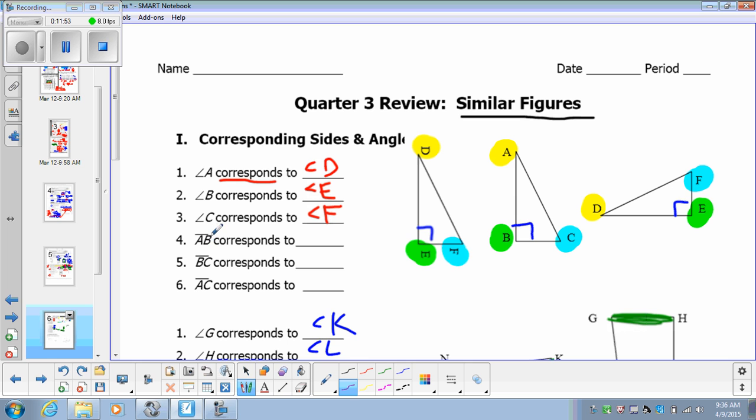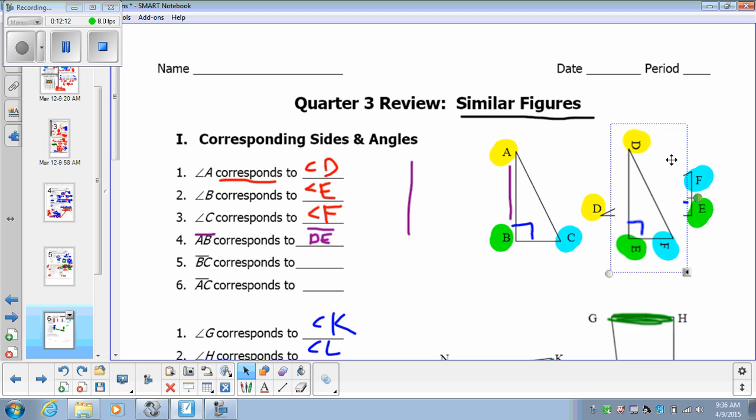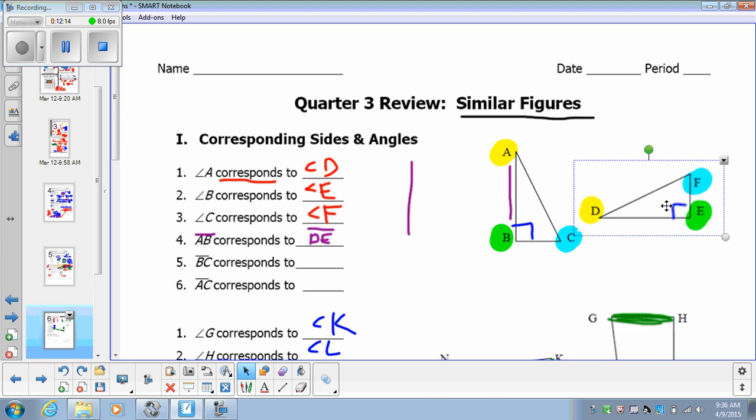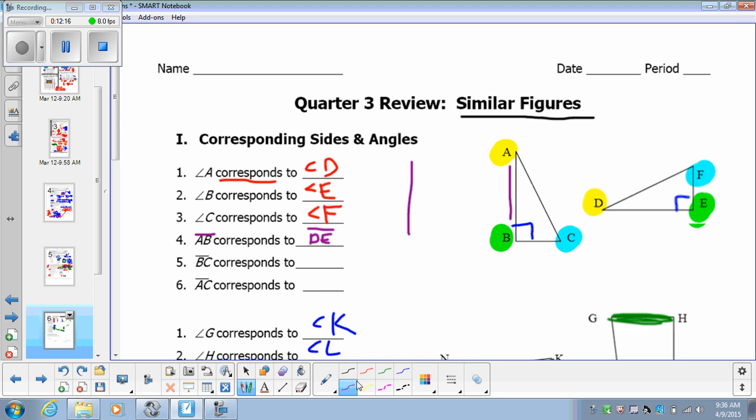Now that we've matched up our angles, we can also match up our sides. From side A to B, going from A to B down here, would be on this shape going from D to E. So DE, with the line above it, just shows that we have a segment. Now I'm going to turn this back to say you can still think about it when the shape is turned. A to B goes from yellow to green, so we can still go from yellow to green here and see that it would be side DE.